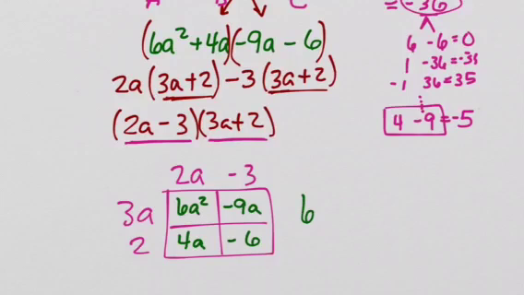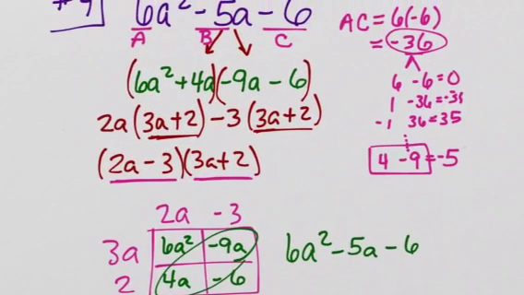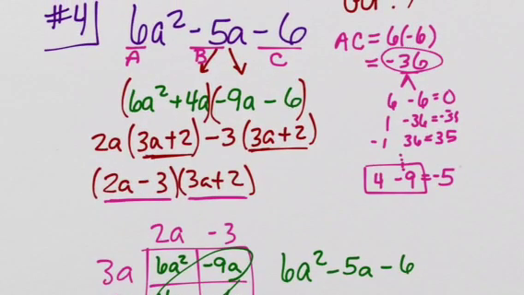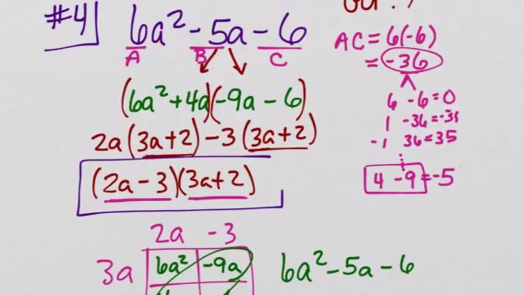When I pull it out of the box, I get 6a squared. These guys are like terms, minus 5a when I put them together, minus 6. And when I check back up here, that is exactly what I started with. So my answer is indeed these two factors were multiplied together to get the problem that they presented me with. And that's all you have to do for that guy.